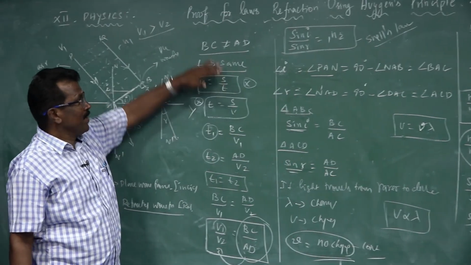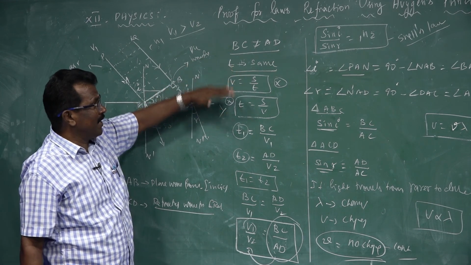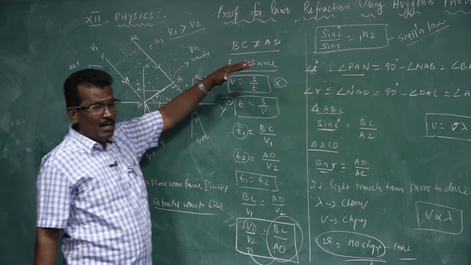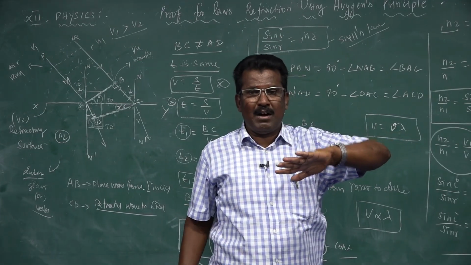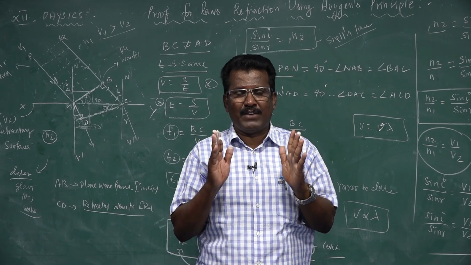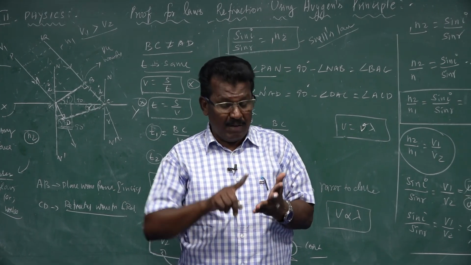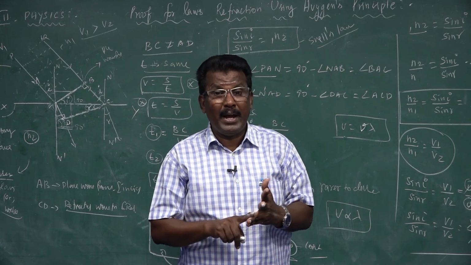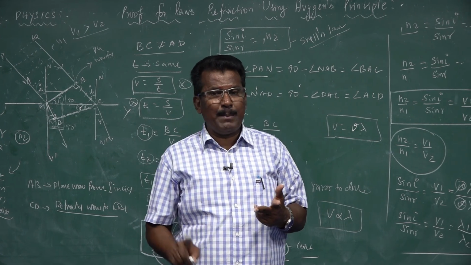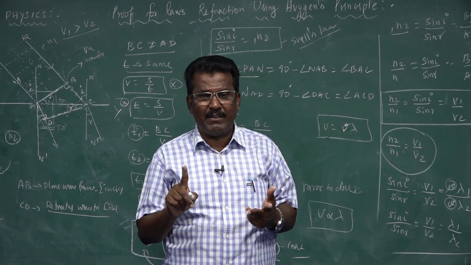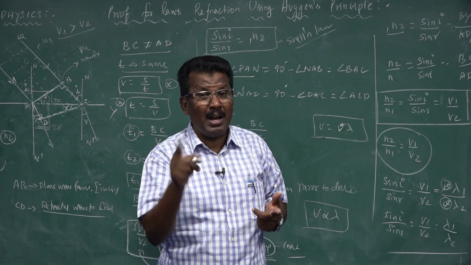So far we studied reflection and refraction of light from one medium to another using Huygens' principle. According to Huygens, every point on the wavefront is considered to be the source of secondary wavelets, which spread out in the same medium with the speed of light, and which obey the law of reflection and the law of refraction.